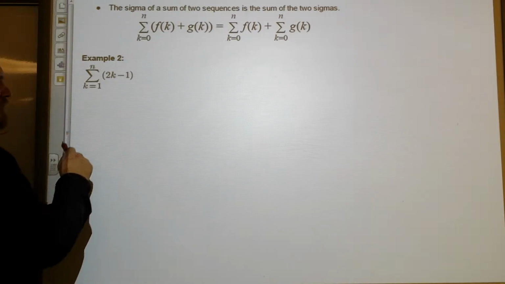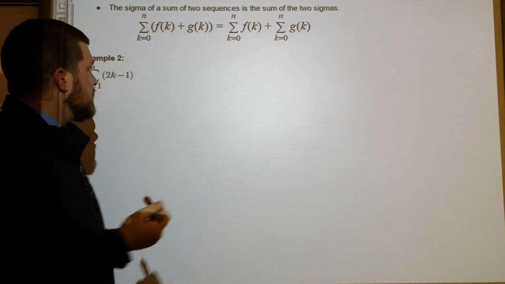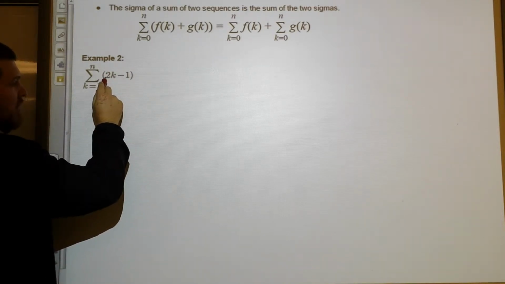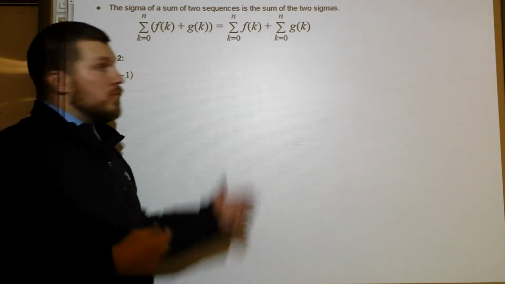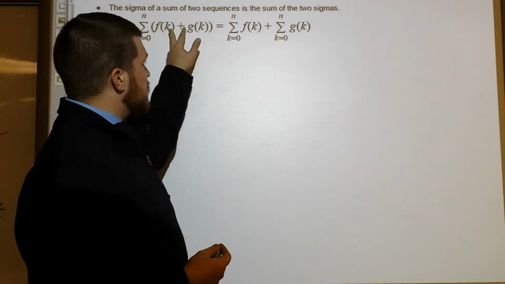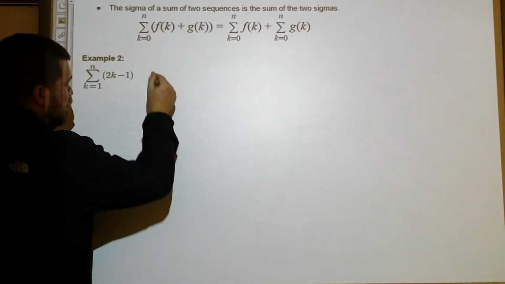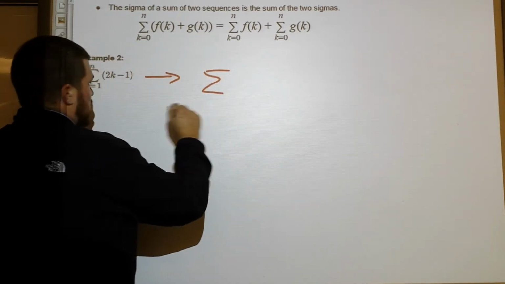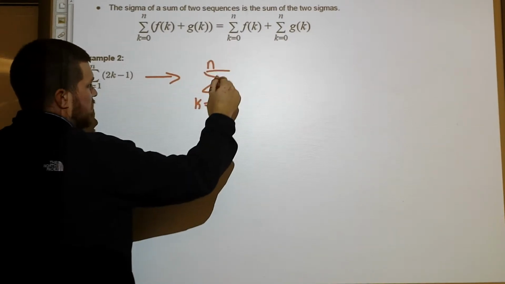Here I have an indefinite sum. I'm starting with the first term, going to the nth term. Again, it's indefinite. And this represents my 2 sequences. My first sequence is 2k. My second sequence is -1. Well, based on this rule, since I have the sum of 2 sequences, I can split it up into 2 sigmas. So let's do that. Alright, so I have my starting value, our starting term is k equals 1, and I'm going to the nth term.